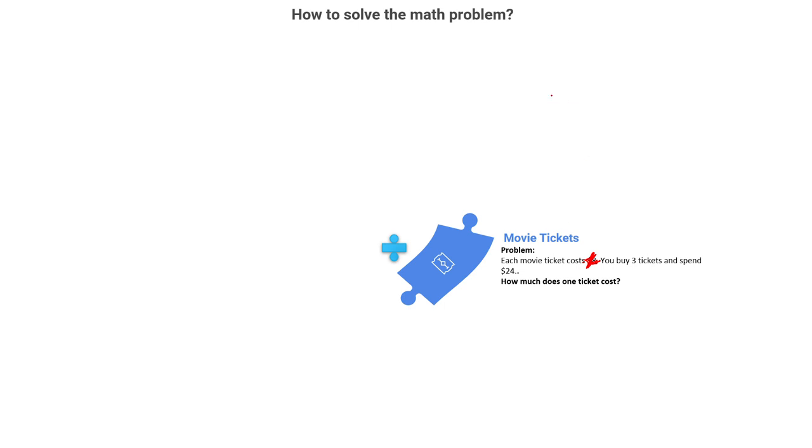You buy 3 tickets, so it becomes x multiplied by 3, and you spend 24. Then it becomes 24 by 3, which is 8. So each movie ticket costs 8. Instead of giving x, I mistakenly gave the direct answer. So this is how you convert. You can simply do 24 divided by 3, then you will get each ticket cost.